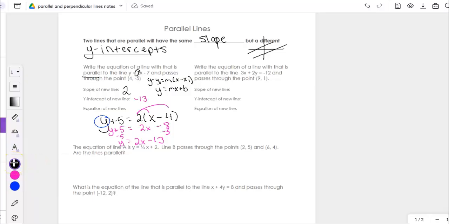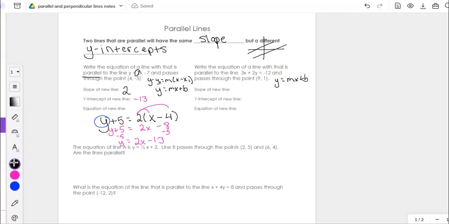All right, next one. Write the equation of a line that is parallel to the line 3x plus 2y equals negative 12 and passes through the point (9, 1). For this one, I'm in standard form, and from standard form I don't automatically know my slope. So to find my slope, I need to convert it into slope-intercept form.